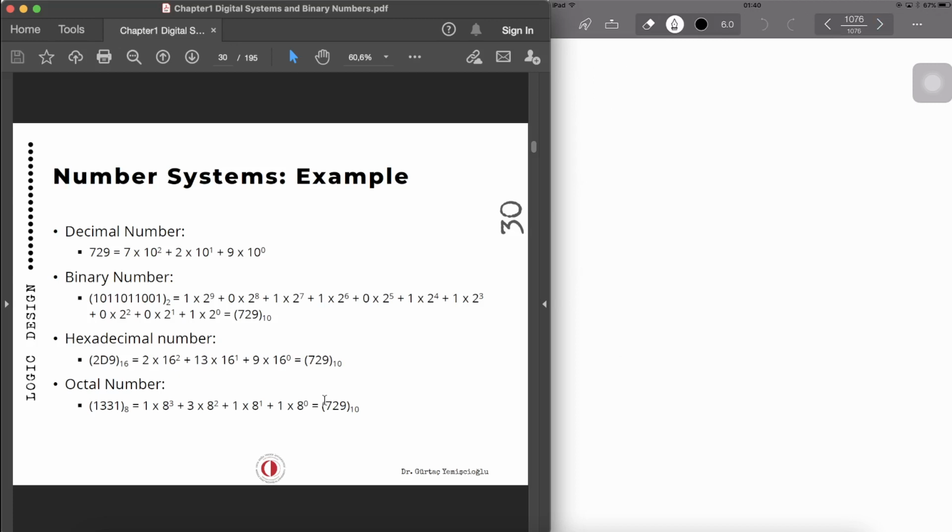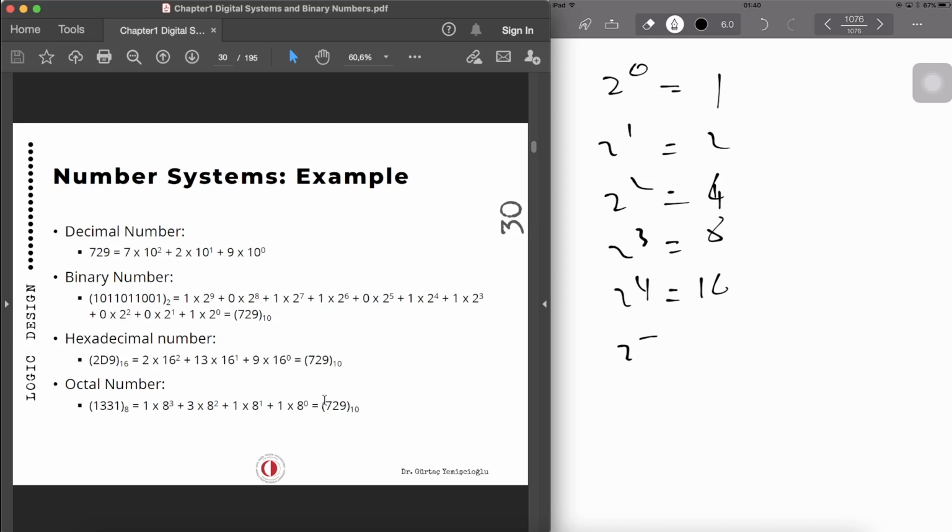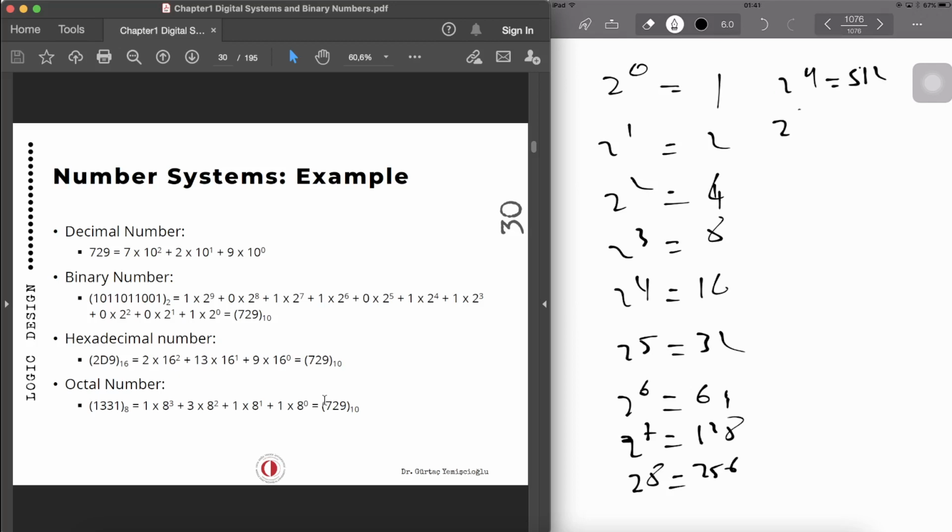So what you need to know: 2 to the power 0, it's 1. 2 to the power 1, it's 2. 2 to the power 2, it's 4. 2 to the power 3, it's 8. 2 to the power 4, 16. 2 to the power 5, 32. 2 to the power 6, 64. 2 to the power 7, 128. 2 to the power 8, 256, and it goes like that. So 2 to the power 9 is 512. 2 to the power 10 is 1024.